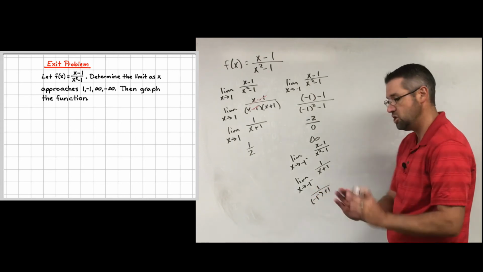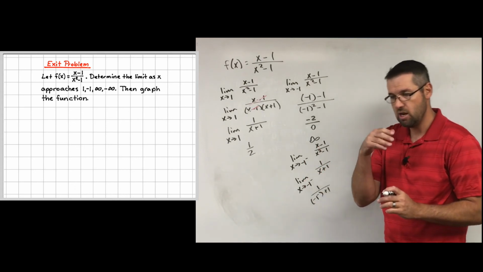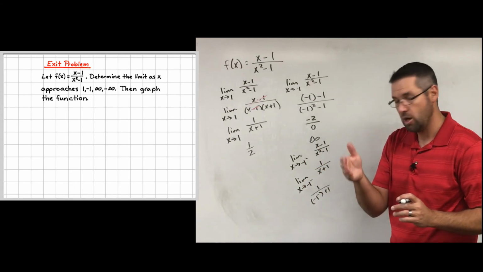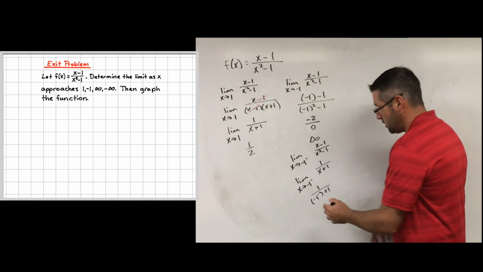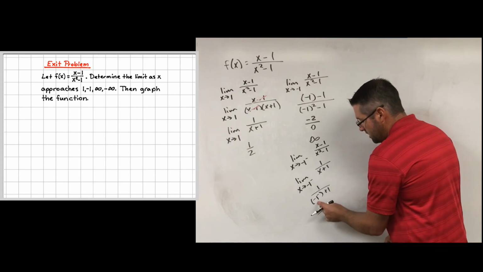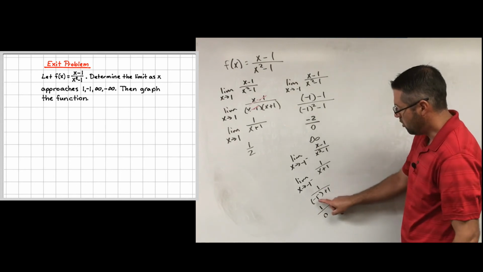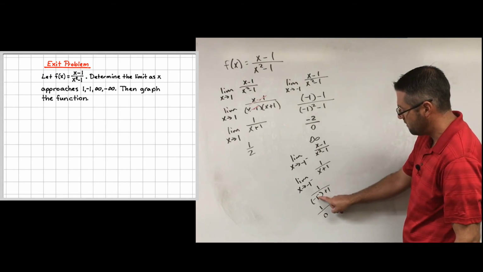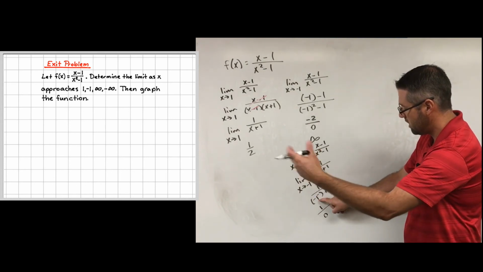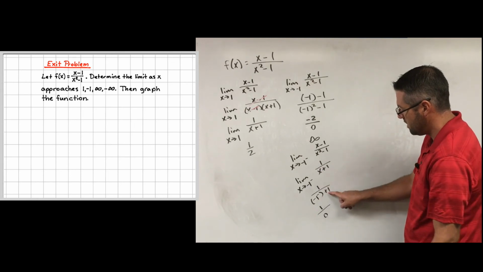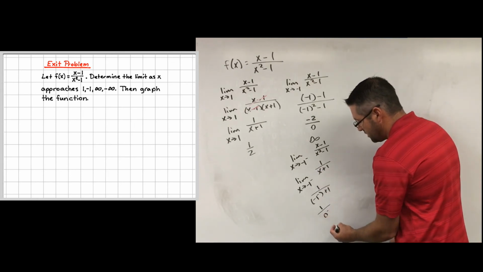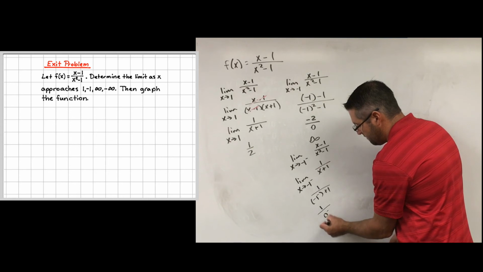Again, pick a number just to the left of negative 1, like negative 1.0001. We're just looking for the sign here. We know that this is going to be 0. Negative 1 plus 1 is 0. What kind of sign? Well, because negative 1 from the left, like negative 2, negative 3, negative 4, is bigger than that, we know that we're going to get a negative answer here, so we end up with negative infinity.